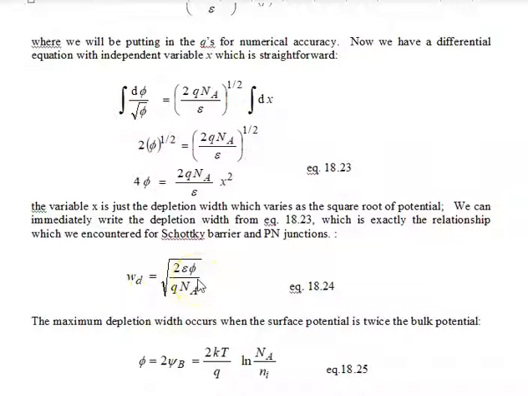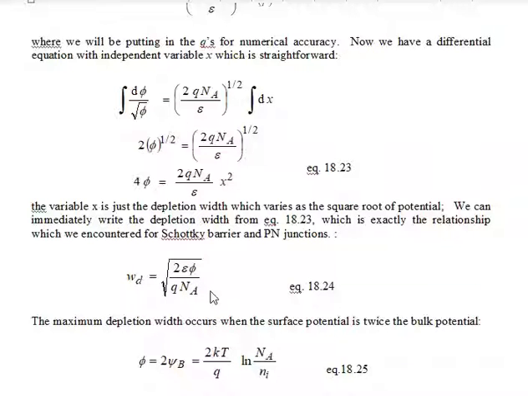Exactly what we found for p-n junctions and for Schottky barriers. So 1824 hopefully looks very familiar. We've seen this time and time again from Schottkys to p-n junctions.